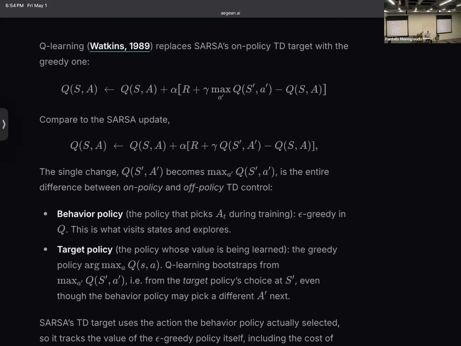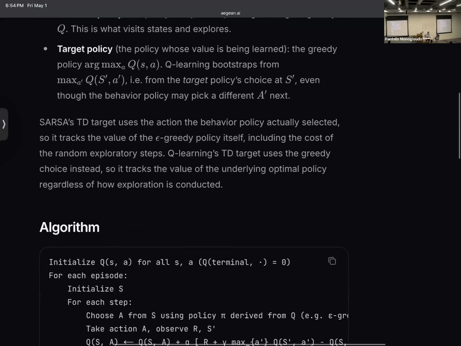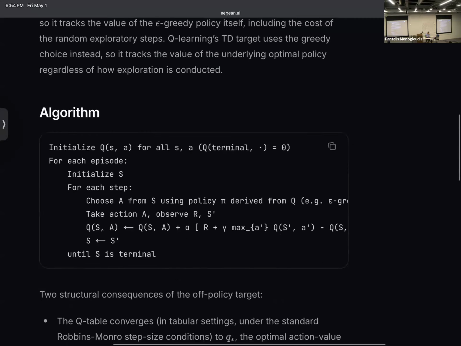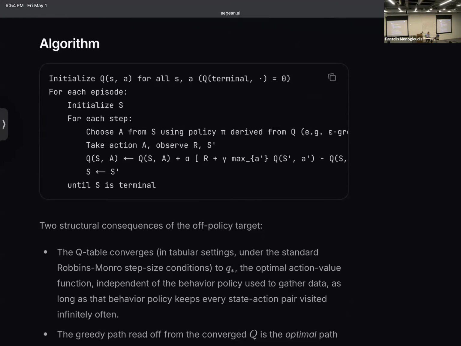So the target changes, and because now we are effectively implementing the max over a prime, instead of using the pure bootstrapping expectation, we are adjusting the target policy, but we are effectively having two policies. So this is basically what the algorithm is.